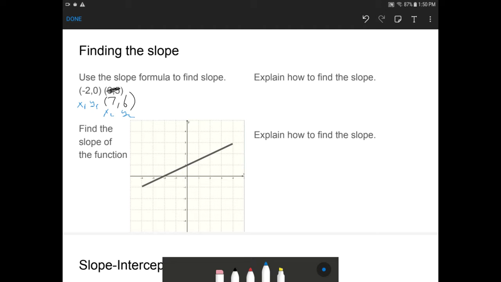So it's y2 minus y1 divided by x2 minus x1. So that's 6 divided by 9, which is 2 over 3, the slope here. If you want to count here, you rise 1, run 2. Rise 1, run 2. So rise over run.